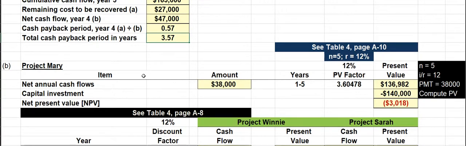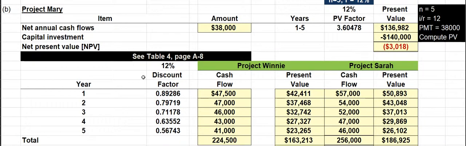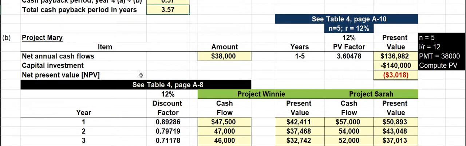This one is called the net present value, where you are accounting for the time value of money. For the net present value, we're taking the present value of the initial investment, how much money we're putting into the project, and we are finding the difference between that amount and the cash inflow that would be realized over the life of the project.